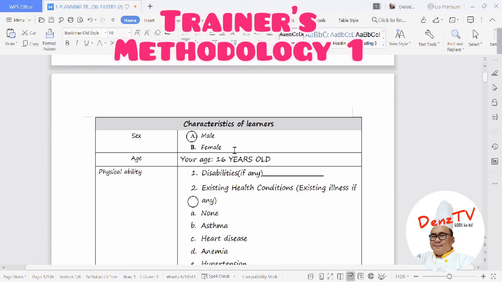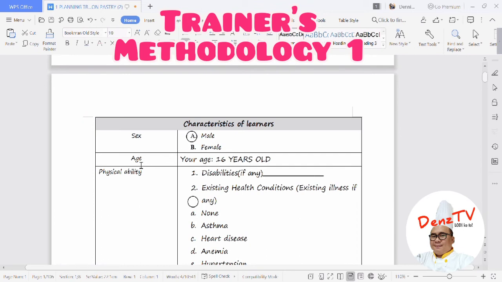It would affect their performance. And also, as a trainer, you can determine how to divide them according to their gender characteristics if you have group activities.